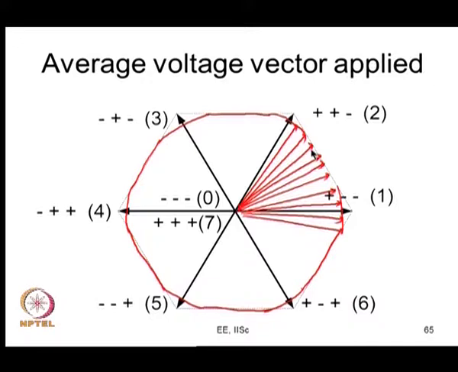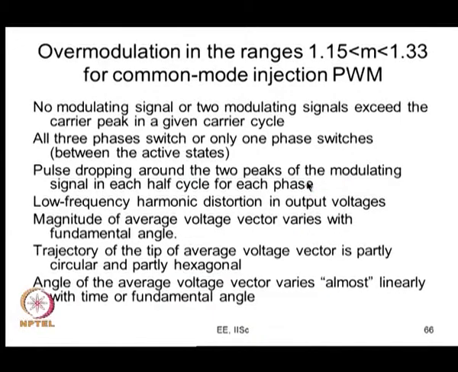The next one, so there is some similarity, there is some dissimilarity. Again, when you are into overmodulation in sine triangle PWM, up to some extent, that is when you have not gone close to 6 step operation, the angle varies linearly with time, the angular velocity is almost constant, which is also true here for conventional space vector PWM.